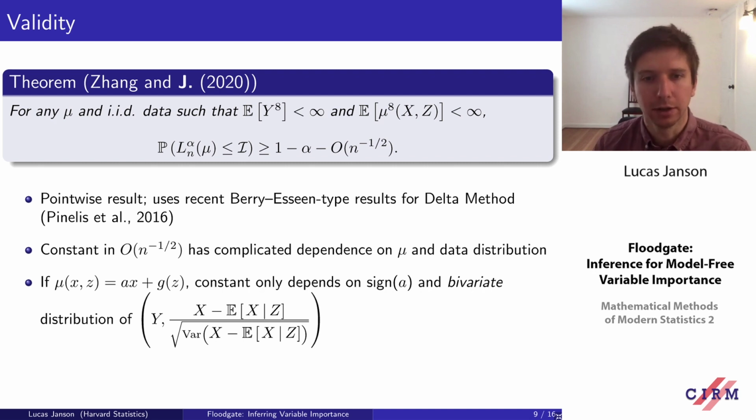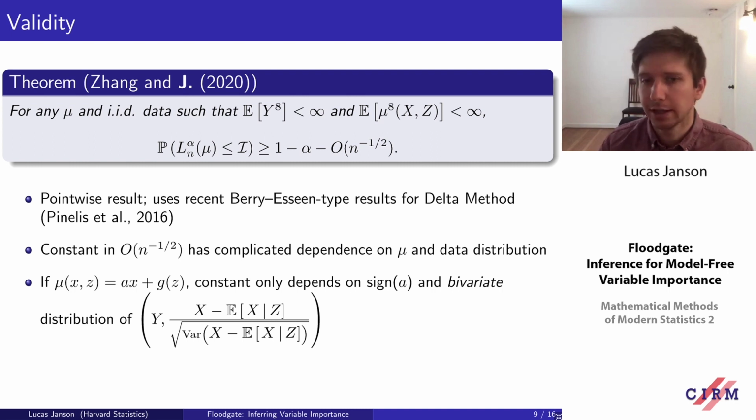So this is even better than if it just depended on y and x, right? Because then maybe x's variance could grow or shrink, or its mean could change conditional on z. This is going to get rid of all those things. So ignore x's conditional mean given z, ignore its variance, and distill it down to this one piece. Look at that thing's distribution with y. That's the only thing that constant is going to depend on.